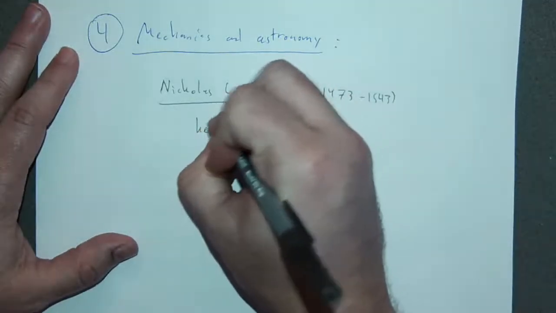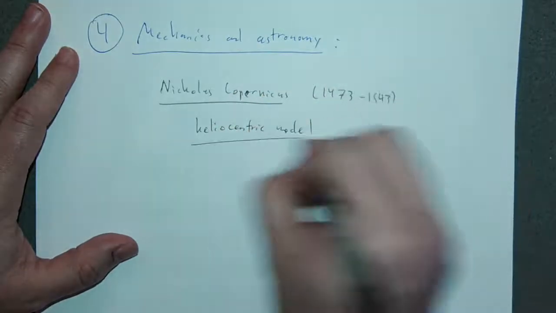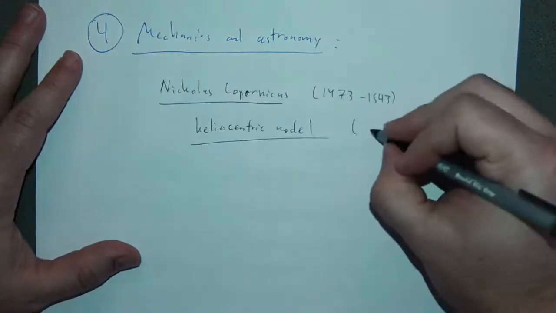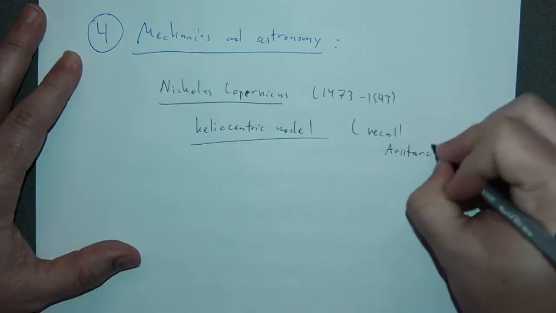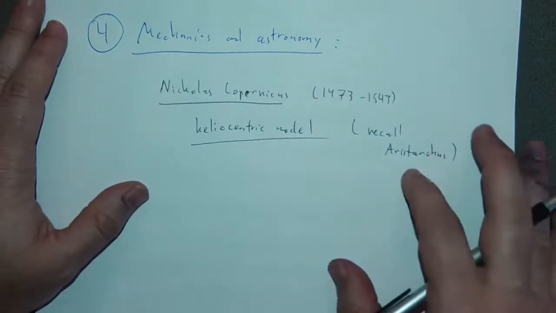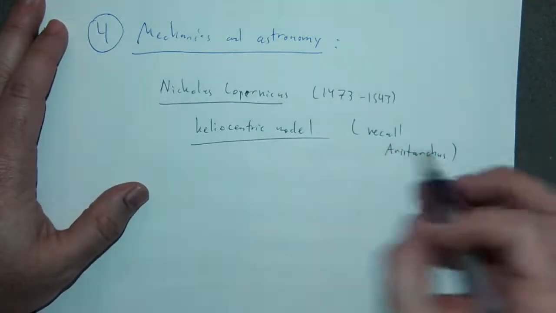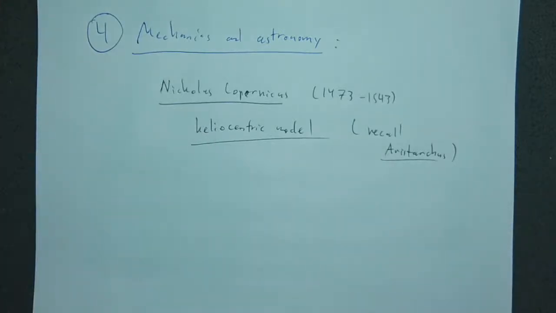So the heliocentric model he was a big proponent of. So recall Aristarchus. Okay, you can go back and read his entry to remember exactly what Aristarchus did, but Aristarchus was kind of the earliest serious proponent of the heliocentric model. So Copernicus, it should be said, you can read the works of Copernicus.